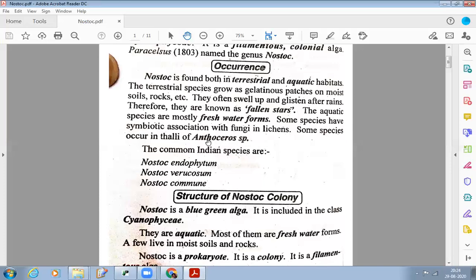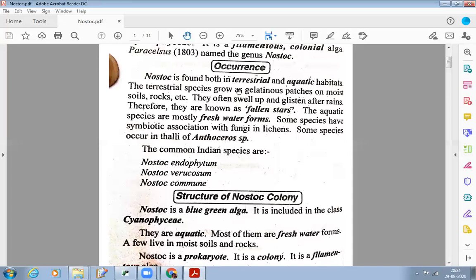Anthoceros is a bryophyte where Nostoc can live as a symbiont. The association is a symbiosis where the bryophyte helps the algae, whereas the algae helps the bryophyte. So in lichens, the fungi help the algae, and the algae help the fungus.